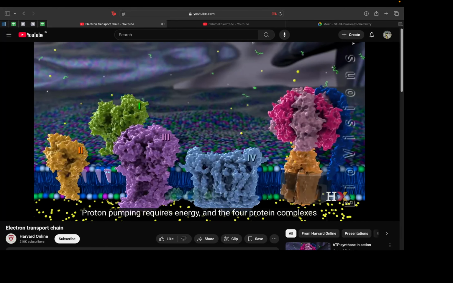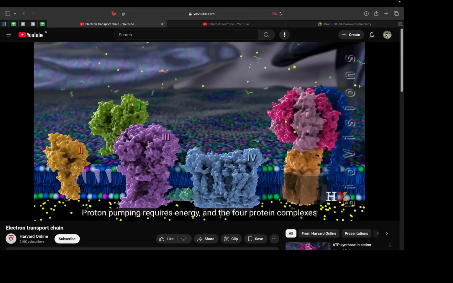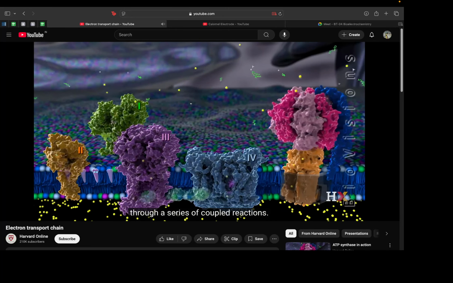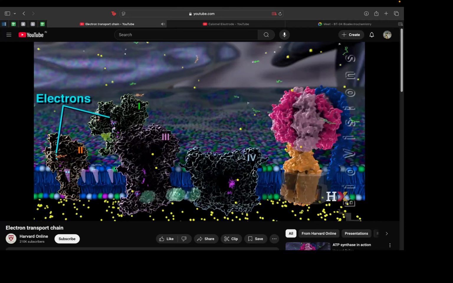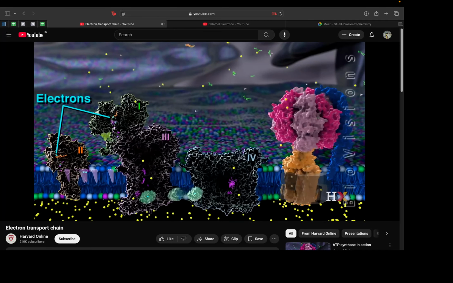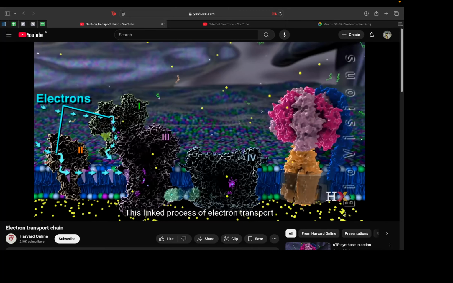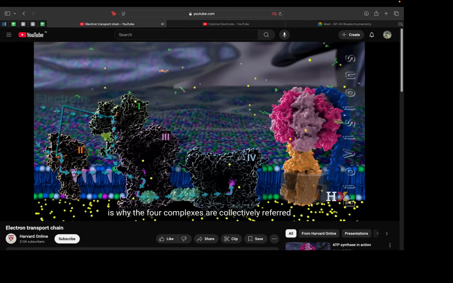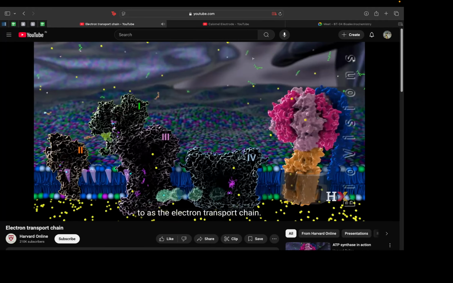Proton pumping requires energy, and the 4 protein complexes get this energy by transferring electrons through a series of coupled reactions. This linked process of electron transport is why the 4 complexes are collectively referred to as the electron transport chain.